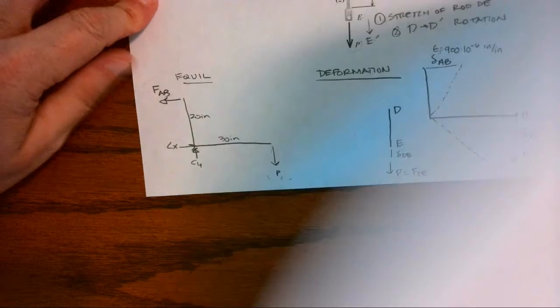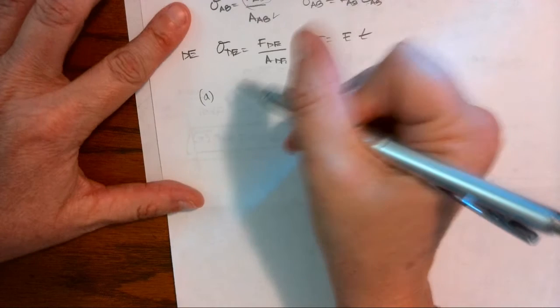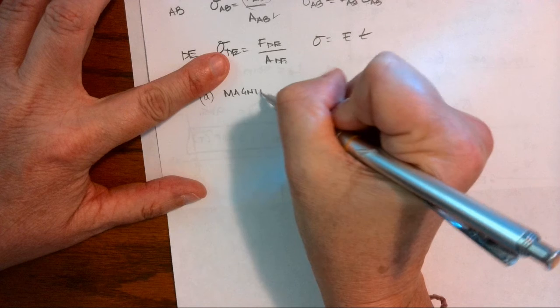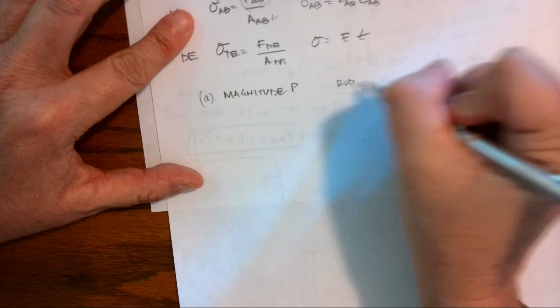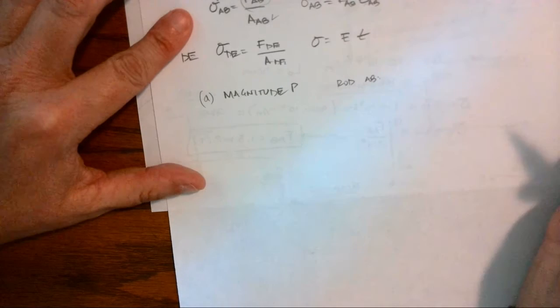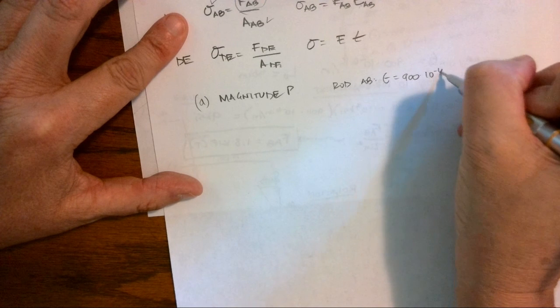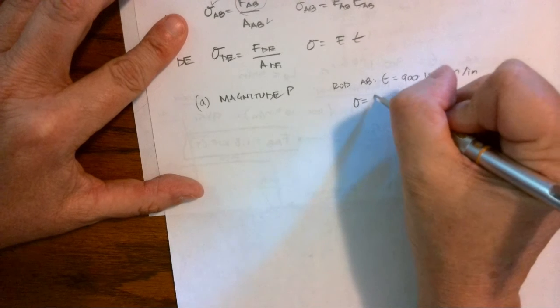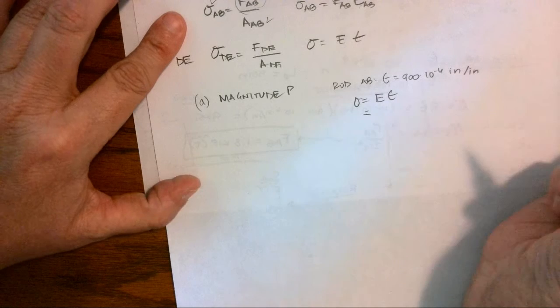Okay, so let's look at A. We want to find the magnitude of P. So we're going to have to start with rod AB because it's the only thing we have information on. And we know the microstrain is 900 times 10 to the negative 6 per inch. I know that stress equals E times strain, and we have everything in our table.